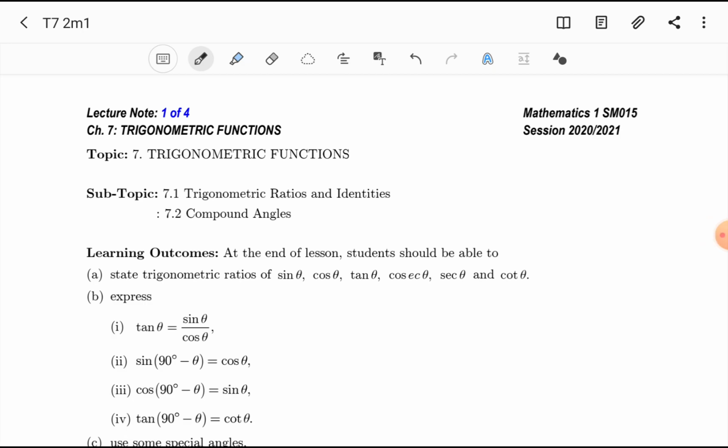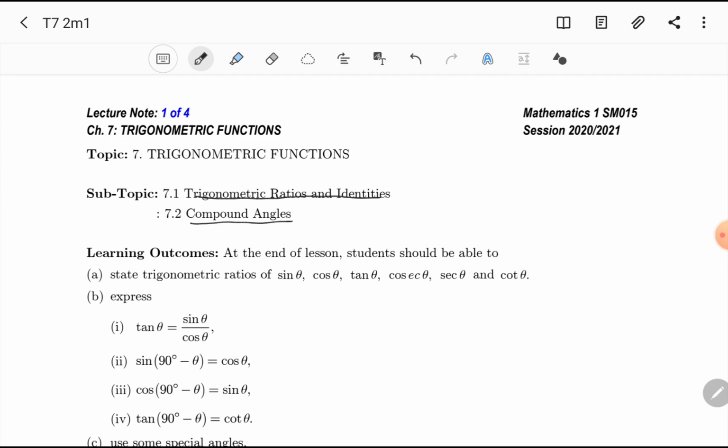Okay, for today we are going to learn trigonometric functions. So this is your chapter 7. Okay, so under subtopic trigo ratios and identities and the compound angles.